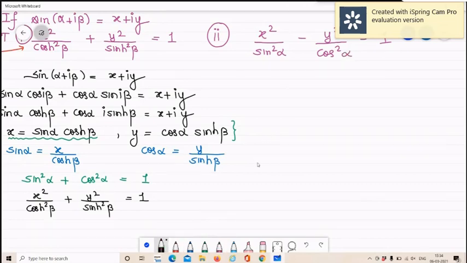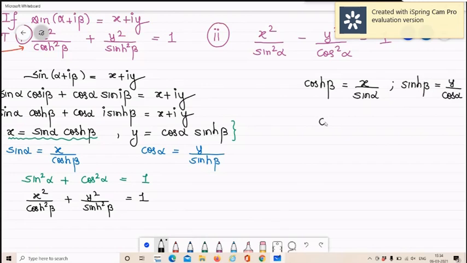So that part we are going to write as cos h beta is x upon sin alpha and sin h beta is y upon cos alpha.